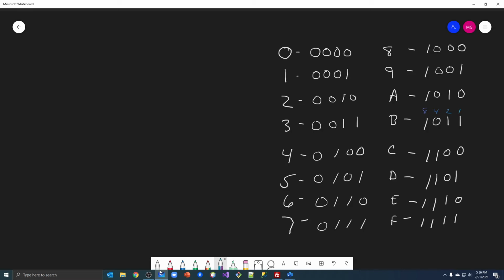So I could have done all the conversions manually, but it's a whole lot easier to use these patterns to do it. Alternate by 2s, alternate by 4s, alternate by 8s. And I quickly have a way to convert at least the first 15 numbers, 16 if we include 0, 0 through 15. I have a way to convert that pretty easy.